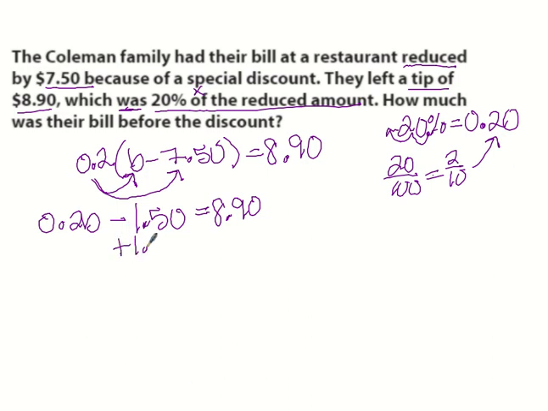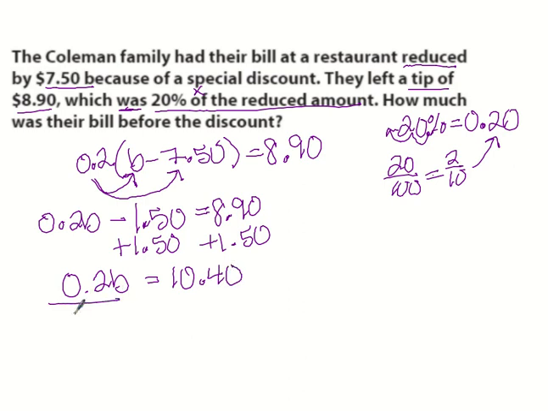So I'm going to add $1.50 to get the constants together. 2/10 B equals, well, $1.50 plus $8.90 would be $10.40. And then we will divide by 2/10.